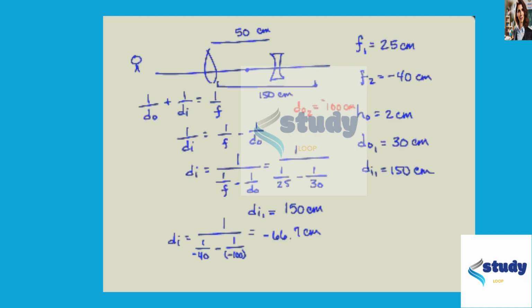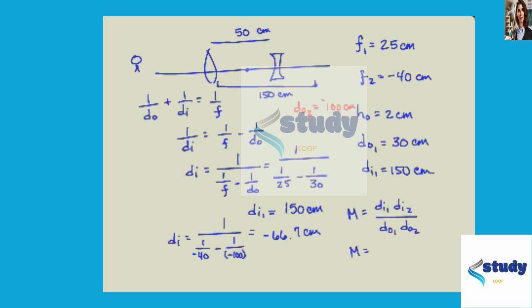And we can use that to determine our magnification. Now our magnification is going to be dI1 times dI2 all over dO1 times dO2.